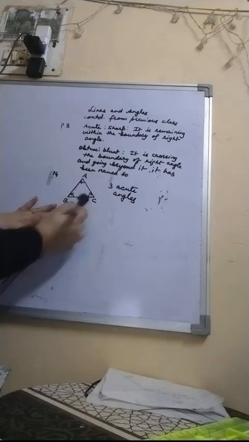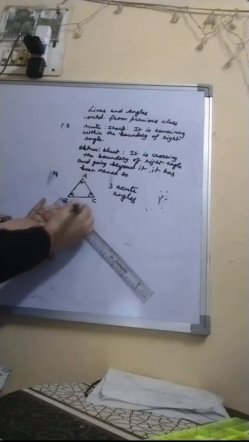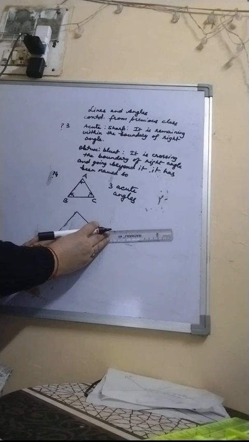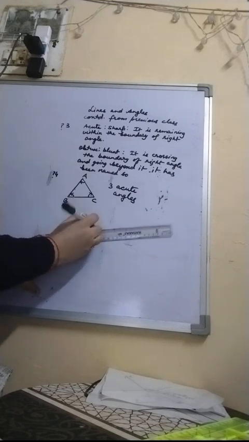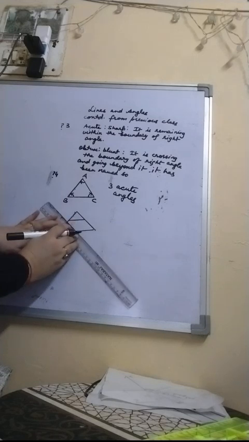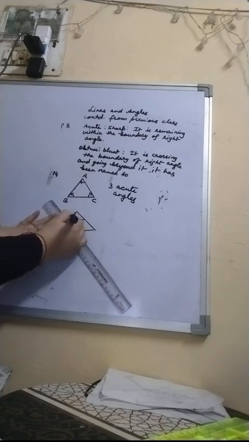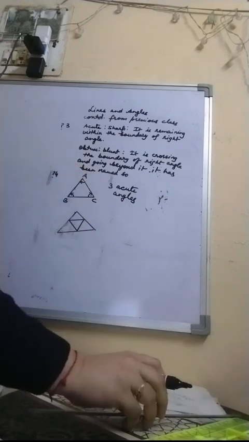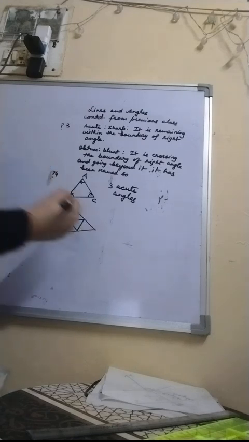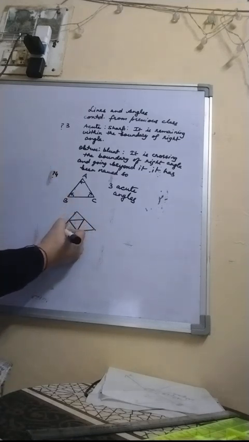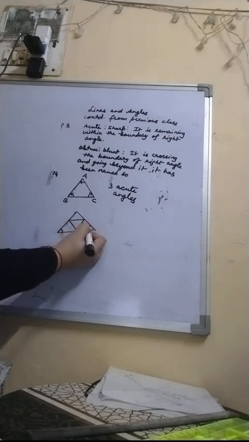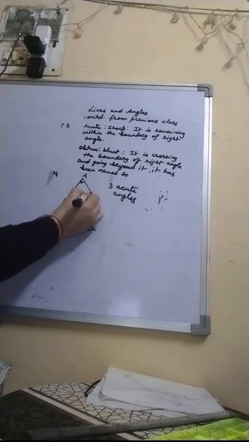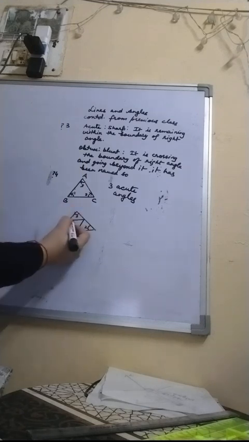Now the next figure. The outer figure is just the same as the first one. So there are 1, 2 and 3 angles. Then there is another triangle or figure.